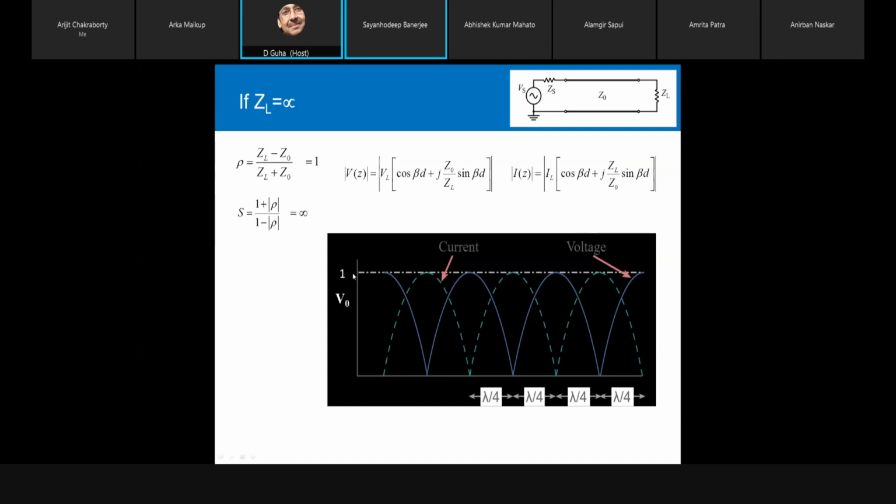Can you easily draw the voltage standing wave pattern when it is shorted and open? Definitely you can tell the value of S is infinity, and the value of rho or reflection coefficient is 1 in either case.